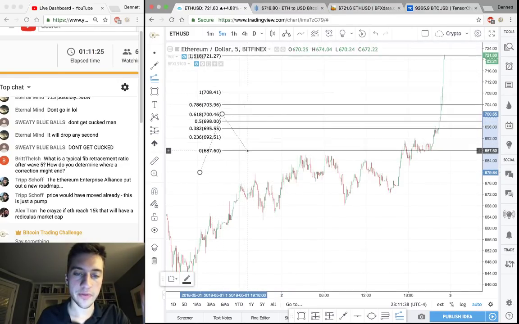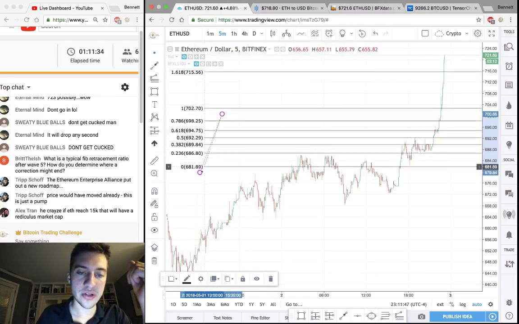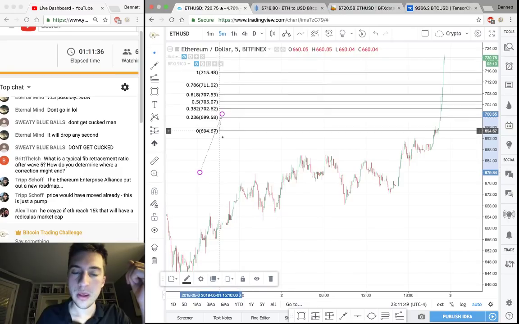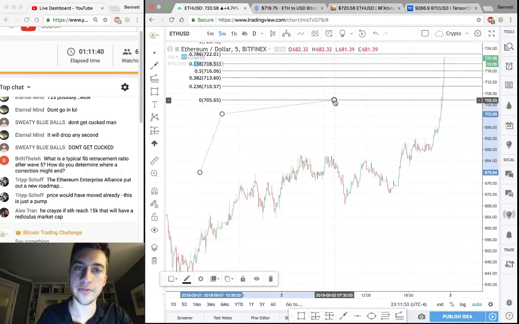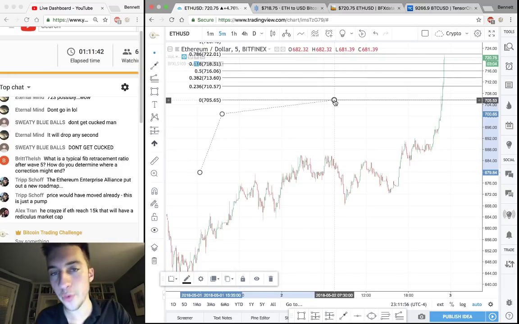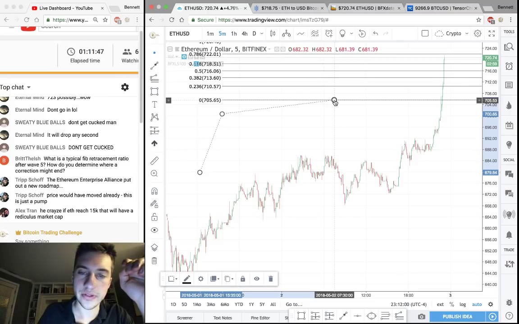Let's say wave 3 is here. Typically wave 3 is going to be 1.618 of wave 1. And then let's say that wave 3 already happened, and then we're in wave 5. You would measure the distance of wave 1, and then put that distance onto the beginning of wave 5. The beginning of wave 5, of course, would be the end of wave 4, and that's how you would measure the final point for resistance.